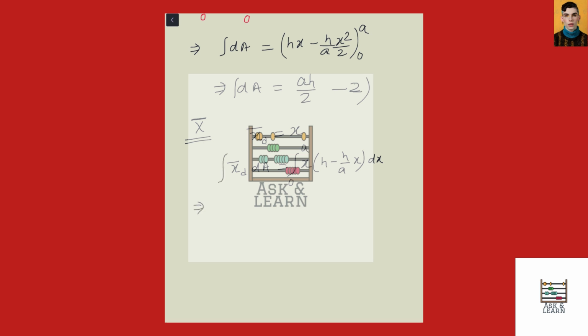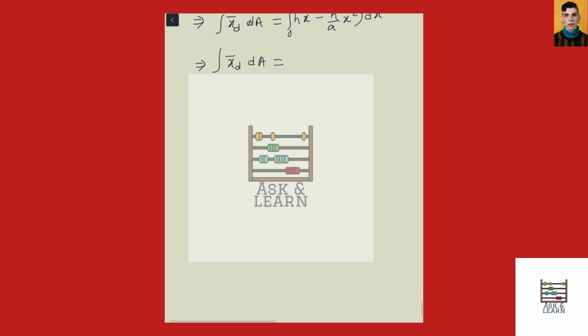By solving it, this is integration of (hx minus h by a into x square) dx from 0 to a, which equals h x square by 2 minus h x cube by 3a, with the limit from 0 to a.